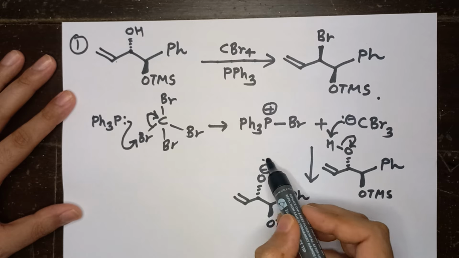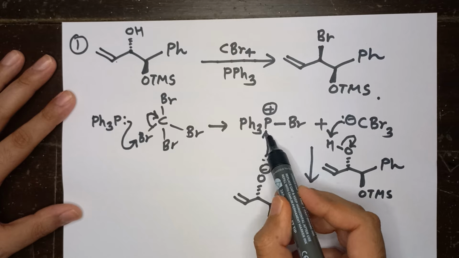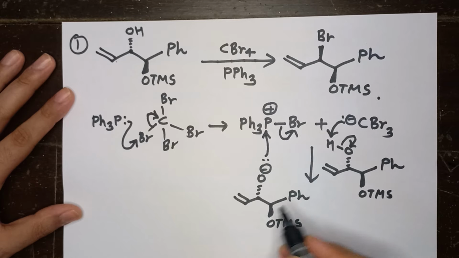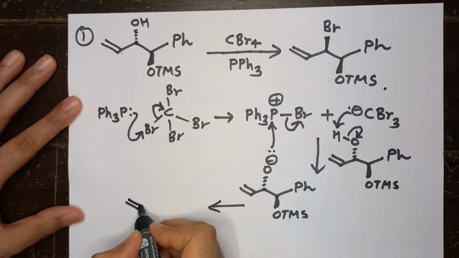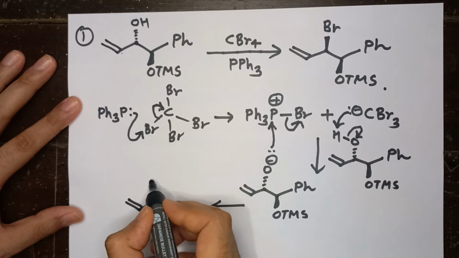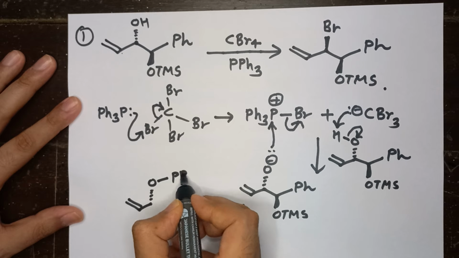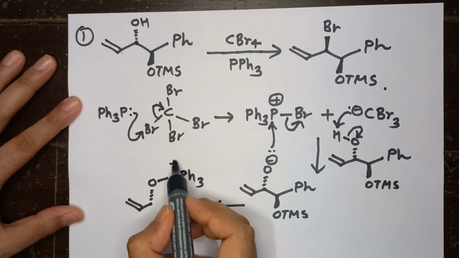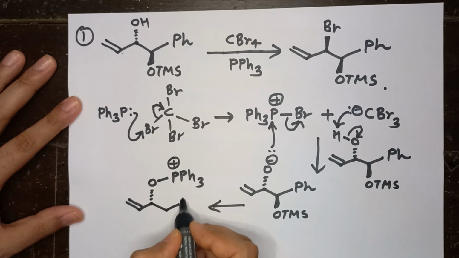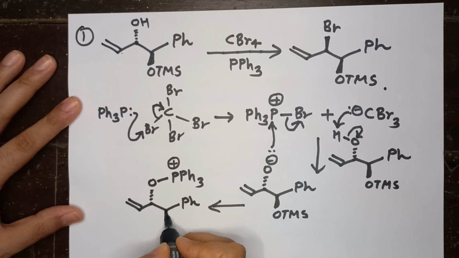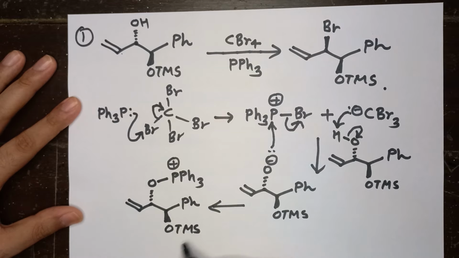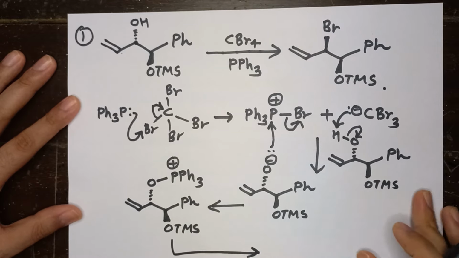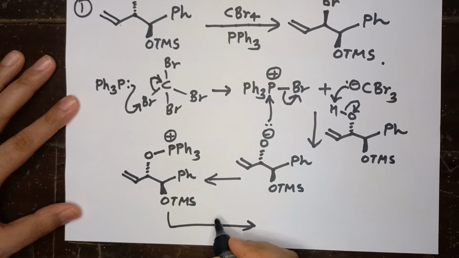Now at this point of time, this oxygen will form a bond with phosphorus. This bromide ion is going to leave. So we have oxygen bonded with PPh3, phosphorus having 4 bonds will get a positive charge, and the rest is the same. And at the last step, we have just removed the bromide anion that will come back. Okay, so the bromide ion will come back.